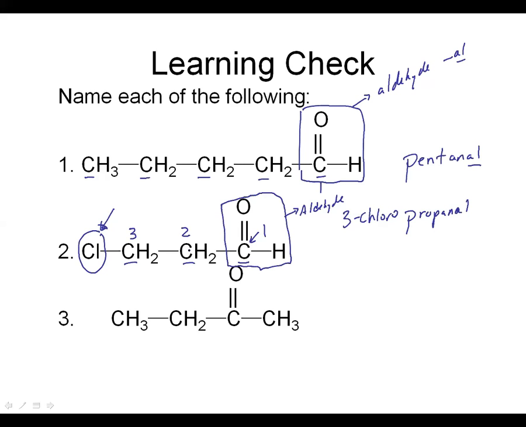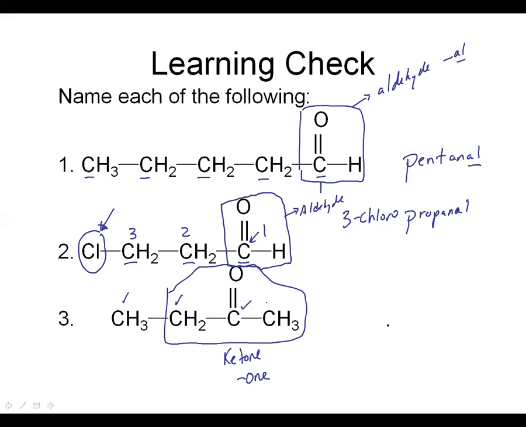And lastly, here on the bottom, we have a 3 carbon run with the carbon-oxygen in the middle. That is a ketone. So remember, ketones end in -one. And what we want to do is count the carbons. So that is 1, that is 2, that is 3, and that is 4. 4 is based off of butane.